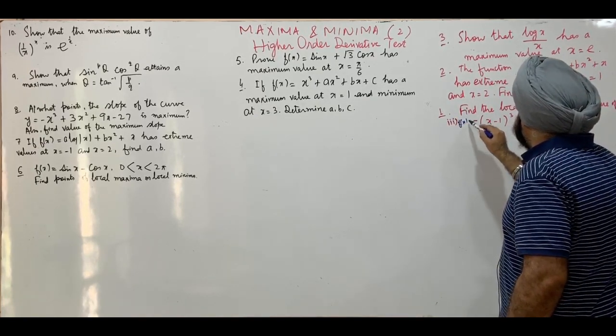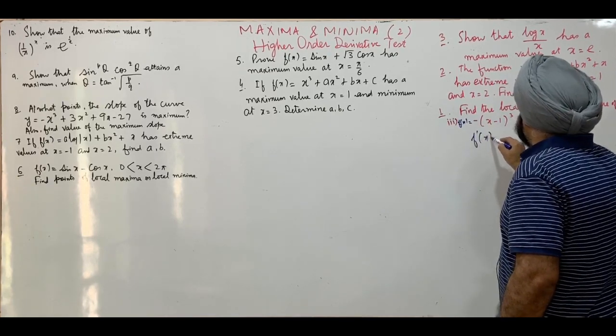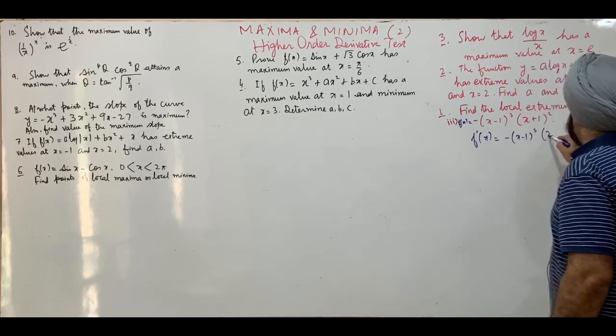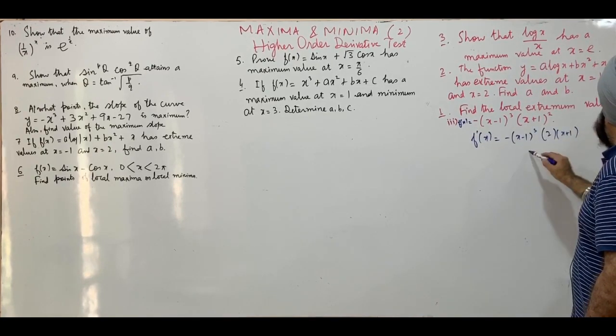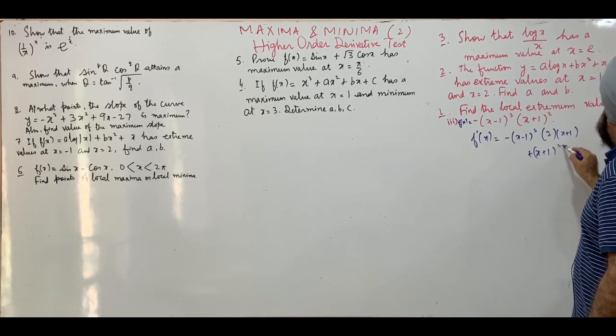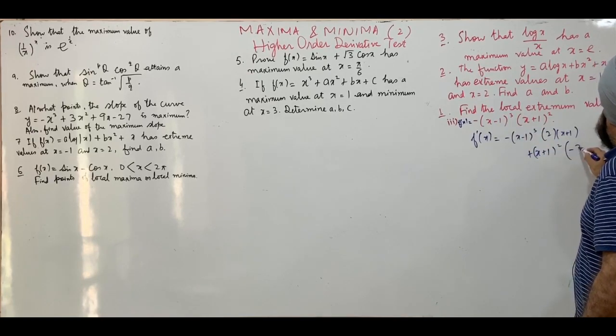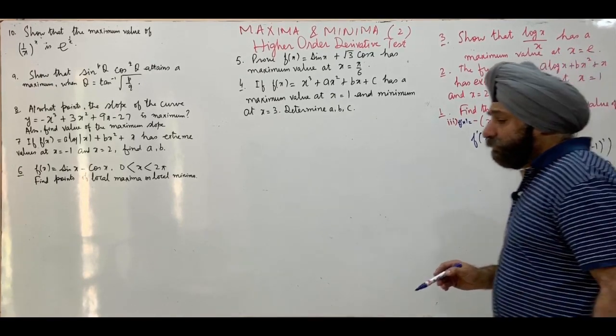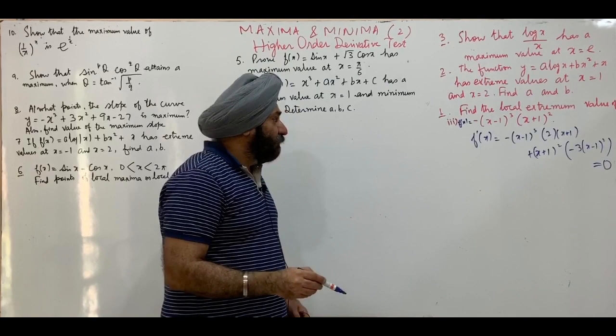We find out the derivative of the function. This is first function into derivative of this, plus second function (x plus 1) whole square into derivative, that's minus 3 into (x minus 1) whole square, and we equate this to 0. This is to find out critical point or points. f'(x) is equal to 0.